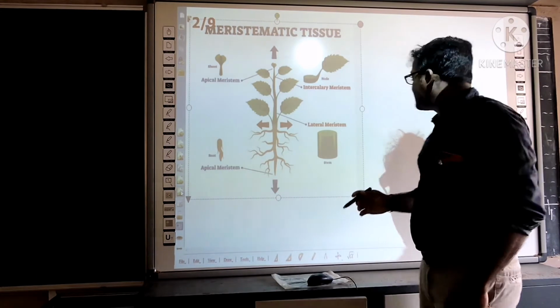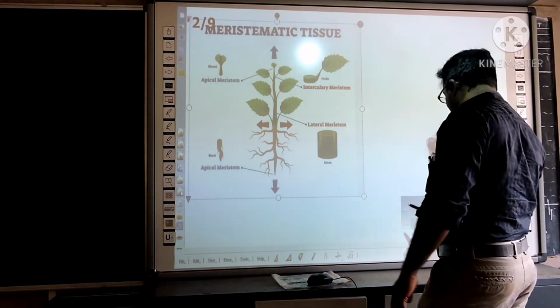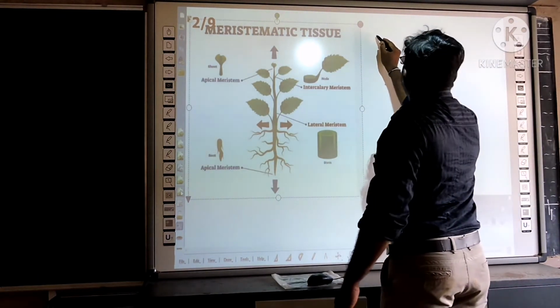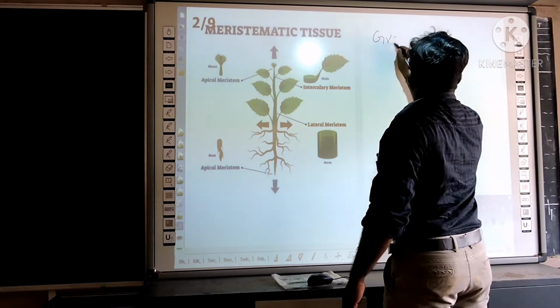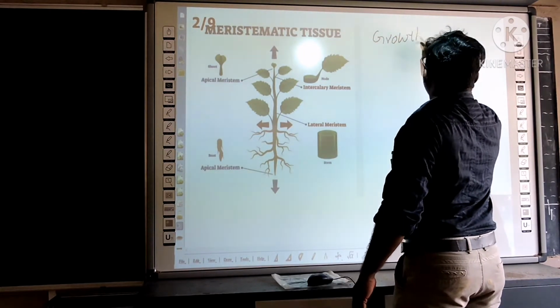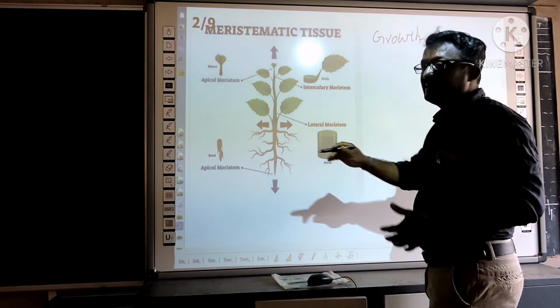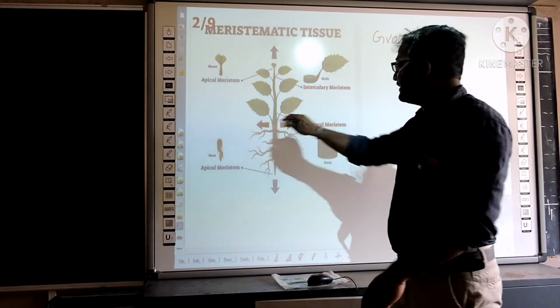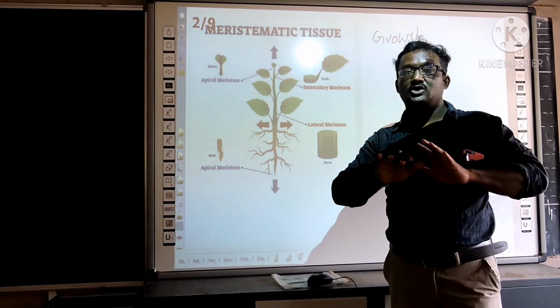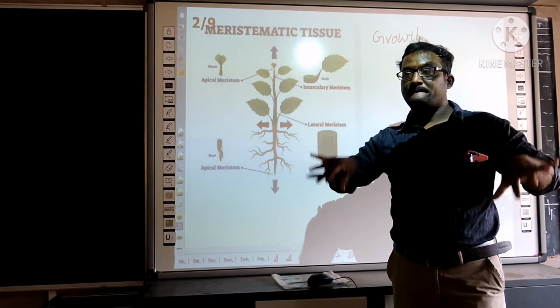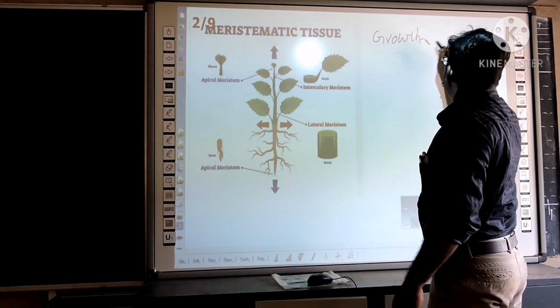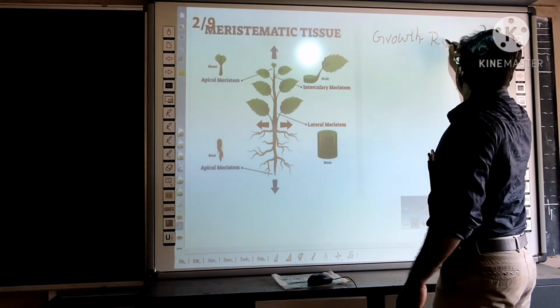As I said, what is the function of meristematic tissue? It is responsible for growth. It causes growth in length and girth. Girth means growth in width. And it is also responsible for repair.